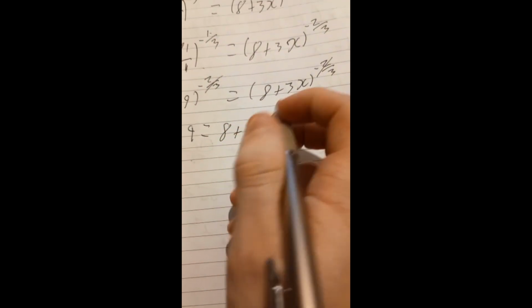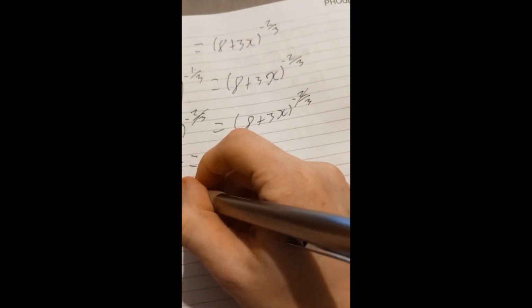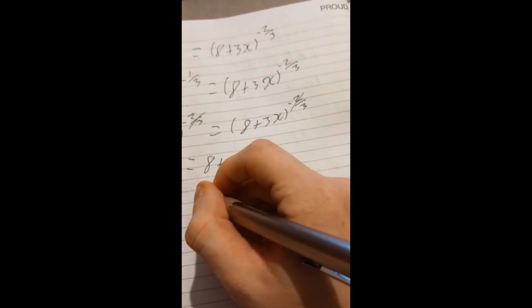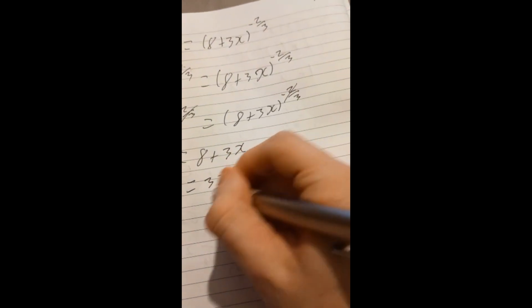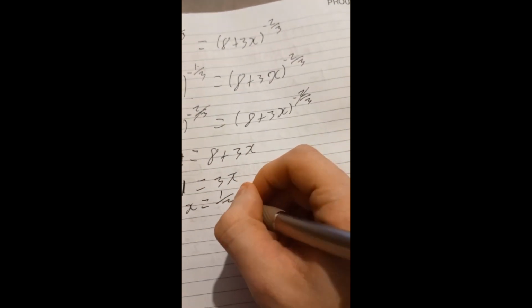What's 8 take? What am I even doing? 9 take 8, which is 1, equals 3x. So x is going to be 1 over 3. A third, which is a nice number. I like that. So that's what we're going to be subbing into our answer from part B1.